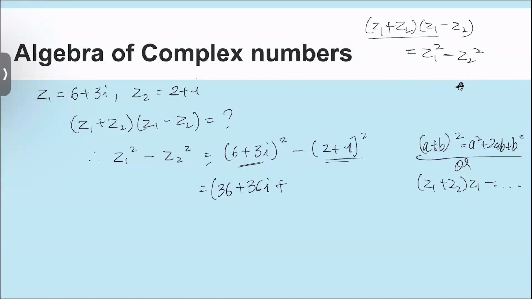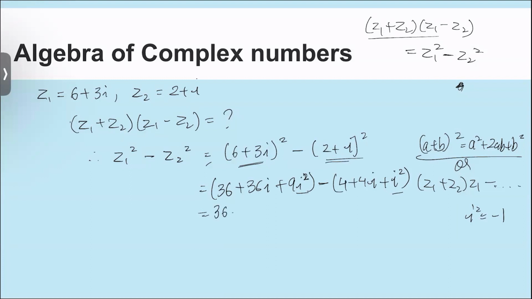36i plus 9i squared minus (4 plus 4i plus i squared). Okay, so you take out the brackets and you also substitute i squared is equal to minus 1.